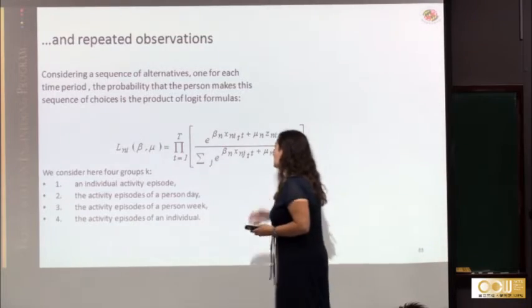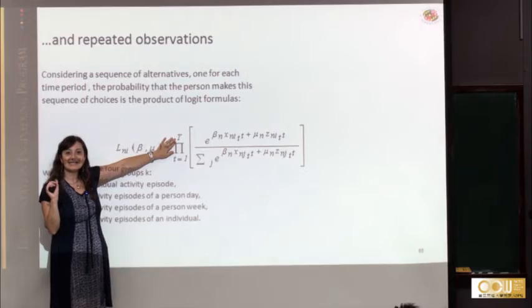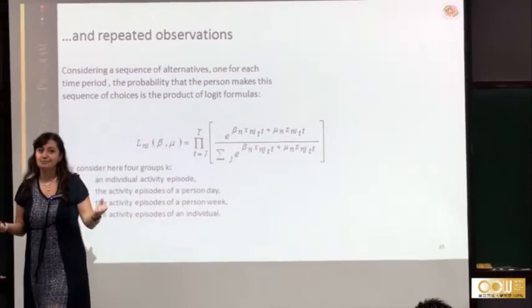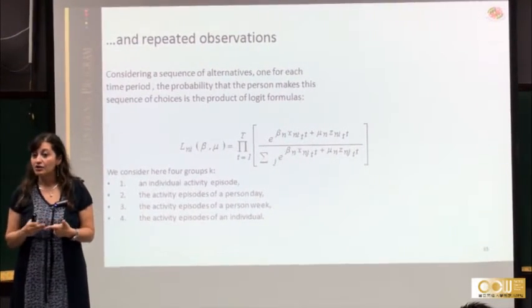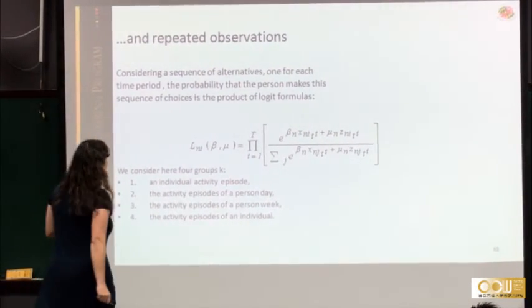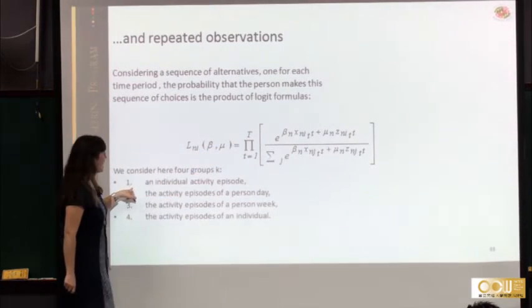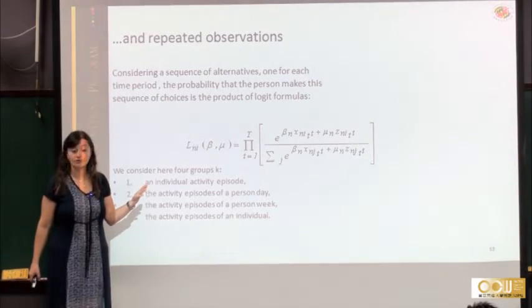Now, however, I'm analyzing different correlation patterns because here I can deal with correlation across days, across weeks, and across individuals. So what happens is that in a first attempt, I have just a single activity episode without correlation.